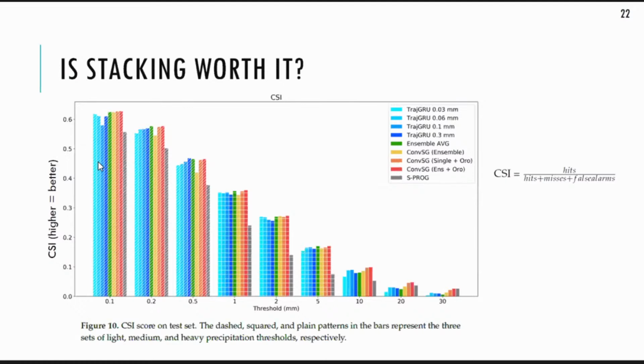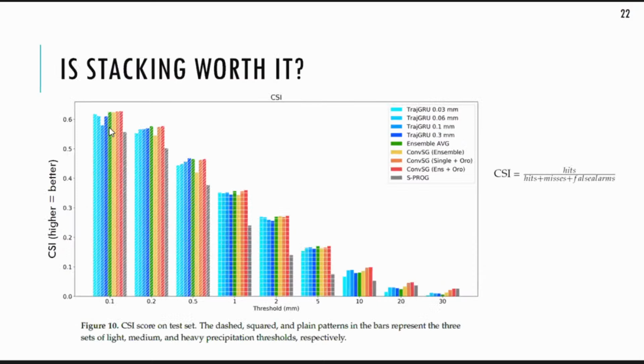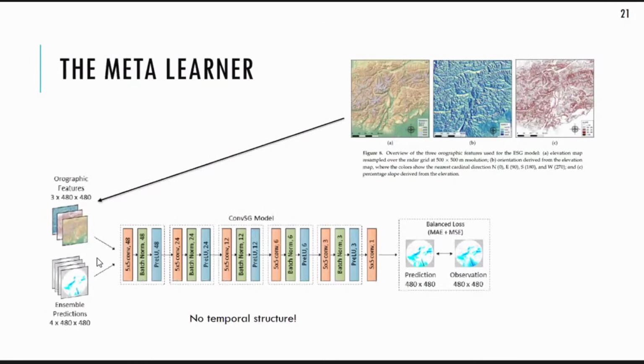What can we see here now? The different colors are the different models, and the blue shades mean the different ensemble members. The green one is just an ensemble average: if we hadn't trained the extra meta learner and just took the average of all the ensemble members, we would have gotten the green one. In yellow we have the ensemble plus the meta learner, but only with the inputs and not the orographic features.